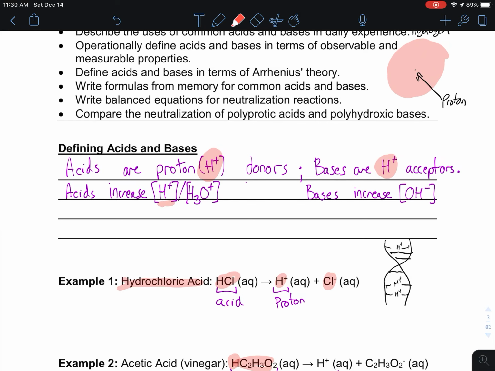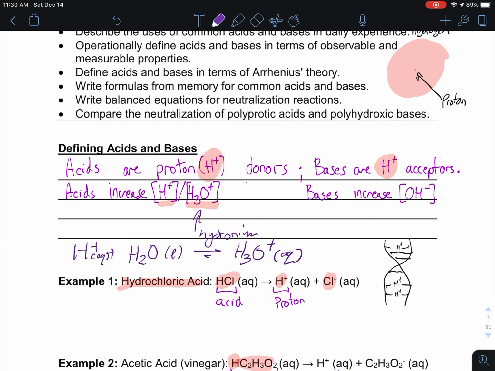We can think about these acids as being also a hydronium producer, because when you're doing a reaction in water and you add H plus into water, you'll instantly get the creation of H3O plus, or hydronium.